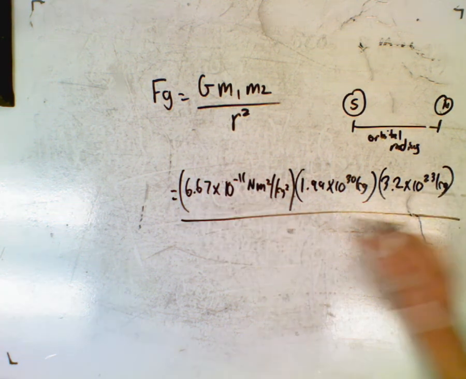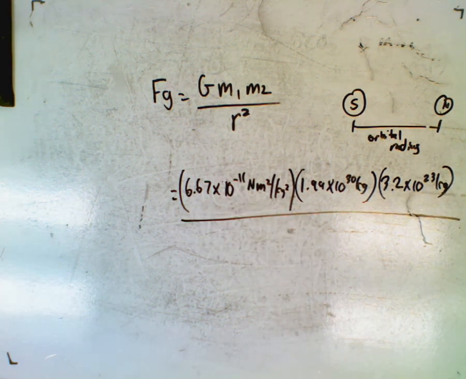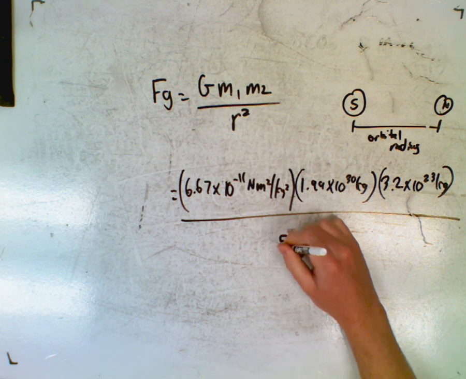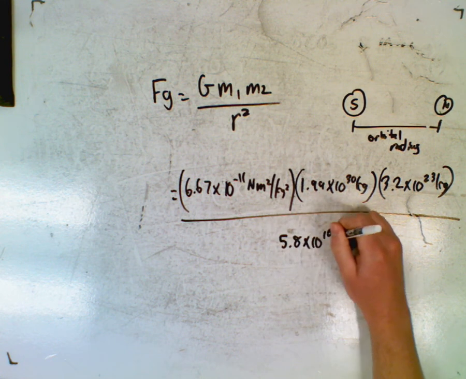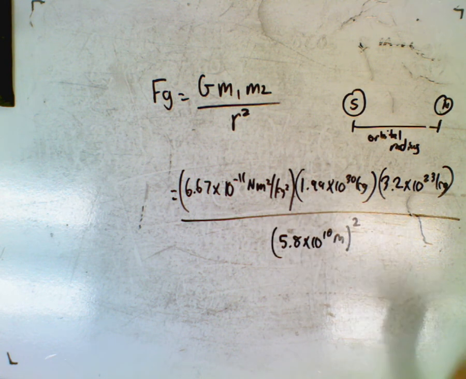Okay. And then we need the orbital radius in between them. So we want the orbital radius of Mercury, because it always measures from the sun, except for the moon, which measures from the Earth, because the moon orbits the Earth. So Mercury to the sun is 5.8 times 10 to the 10 meters, squared.